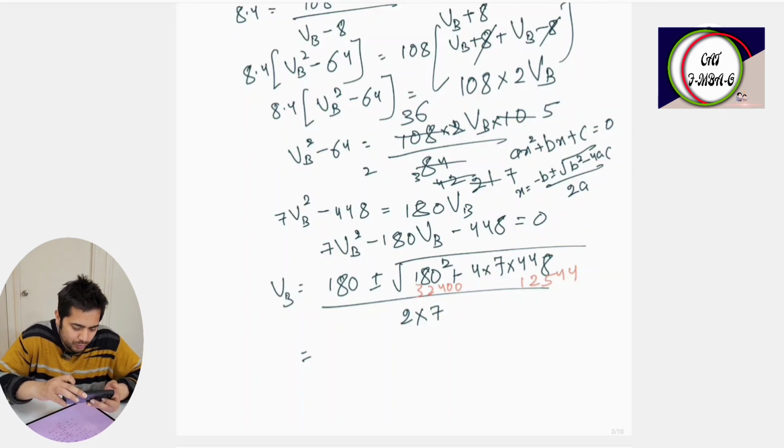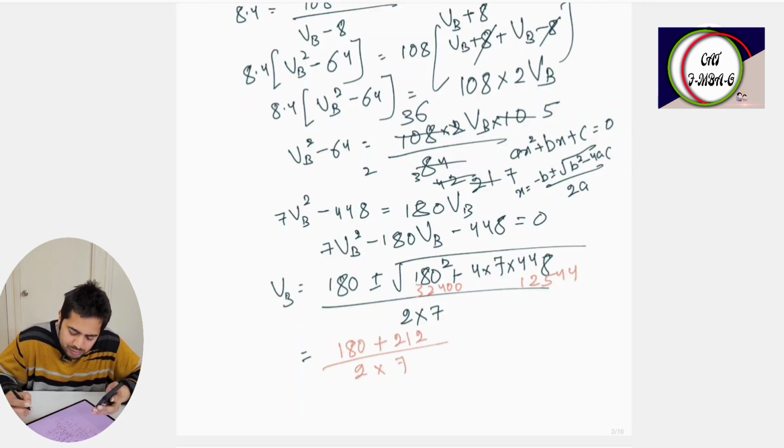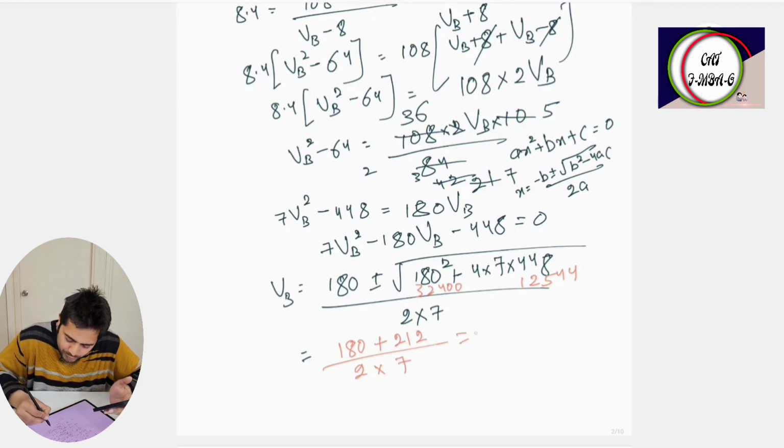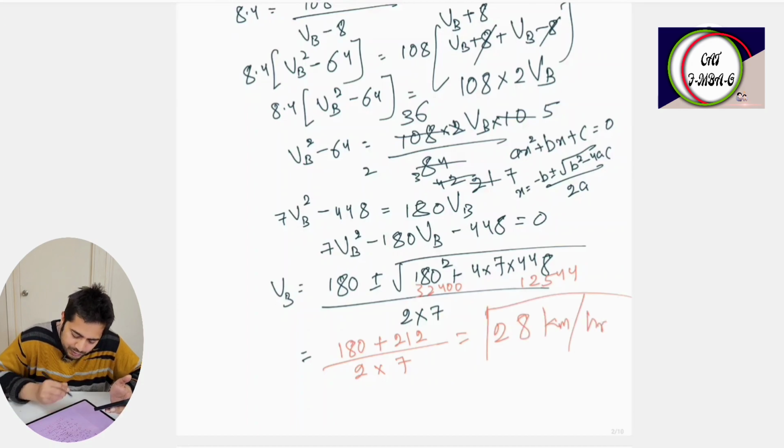Okay, we have to take the root of it. It is 212. So 180 plus 212 divided by 2 into 7, because we cannot use the negative sign now, because 180 minus 212 will be negative and speed cannot be negative here. So plus 180 divided by 14 is equal to 28 kilometer per hour. This is the right answer. Okay.